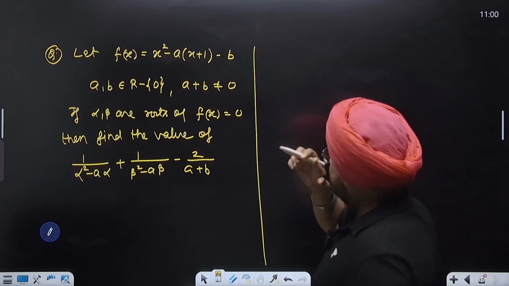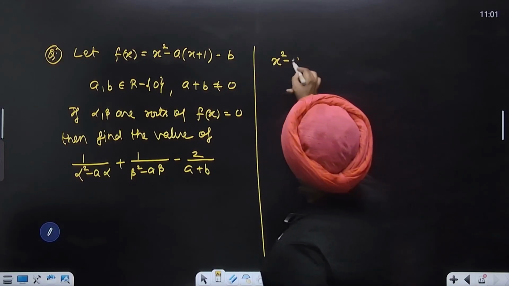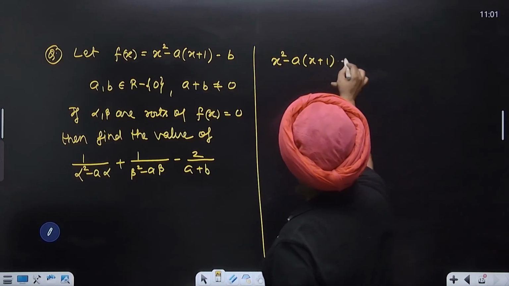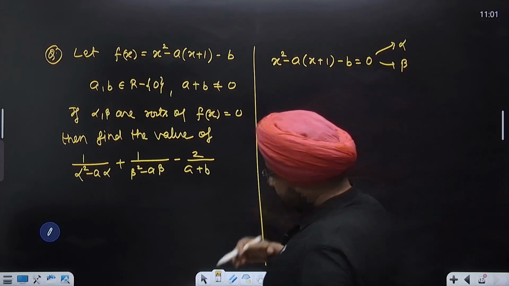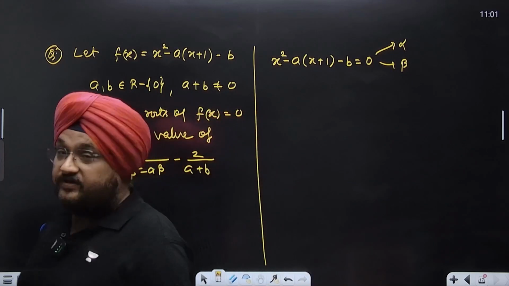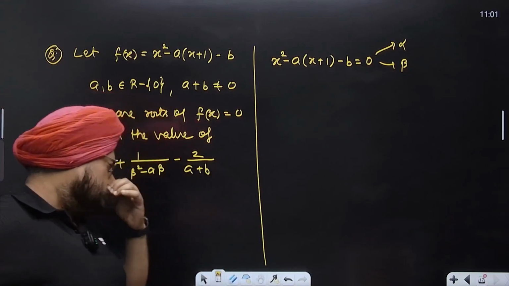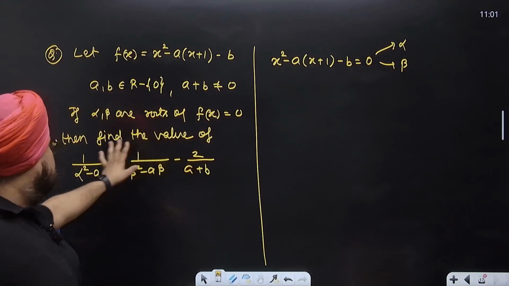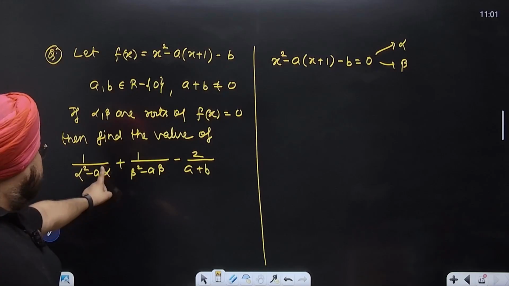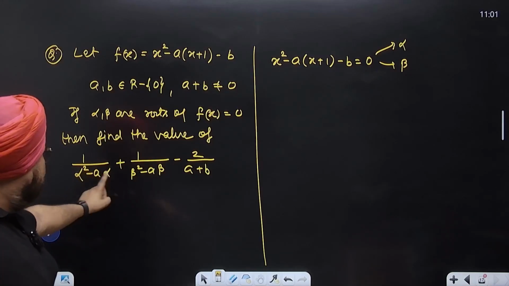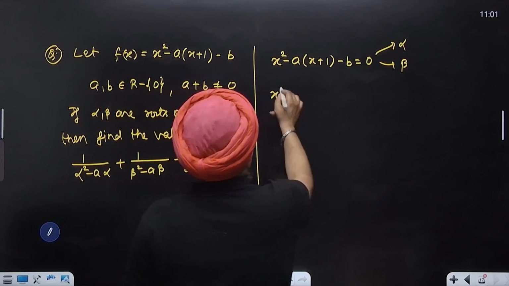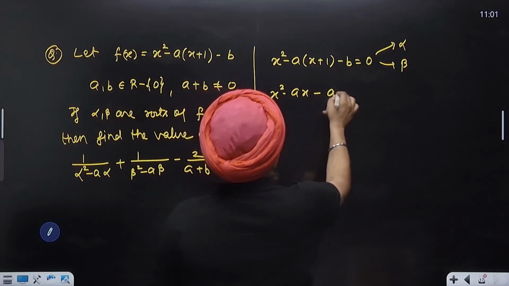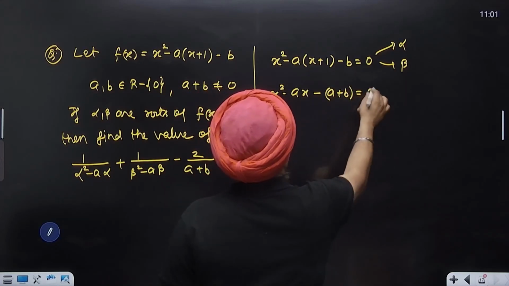So, the equation x square minus ax plus 1 minus b has roots alpha and beta, and what we have to find in this expression is the value of alpha square minus a alpha, and beta square minus a beta. This equation is x square minus ax minus a minus b equal to 0.